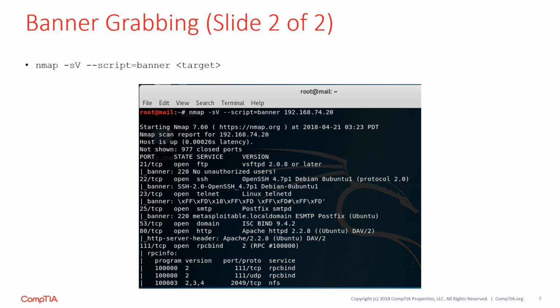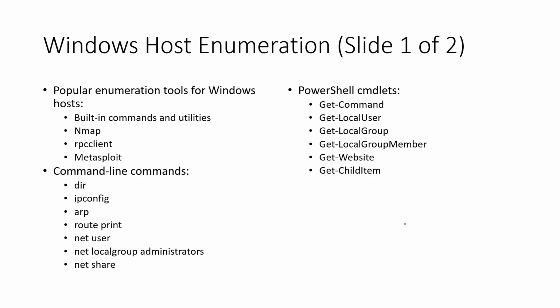Another is an open SSH on Debian 8 Ubuntu, as with Telnet under Linux. As with SMTP, the version is Postfix, and its HTTP is Apache. This indicates that it's open and the server is using Linux, specifically Ubuntu. So that's the beauty of banner grabbing. It can give us much detailed information about our target device.